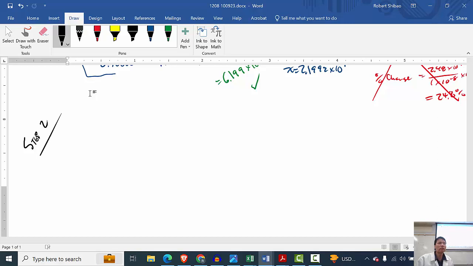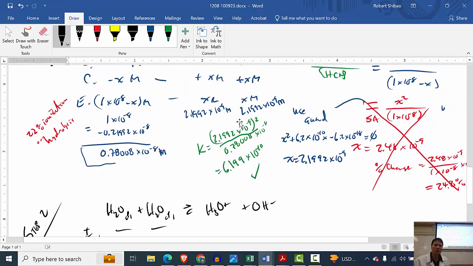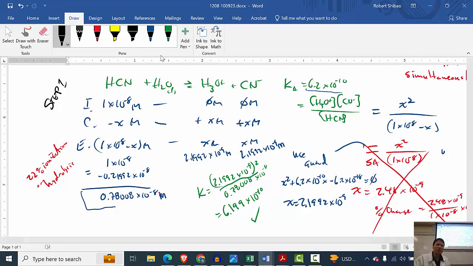We'll do step 2. And so step 2 is going to be H2O liquid plus H2O liquid. And then we're going to figure out how much additional hydronium we're going to get from auto ionization of water, hydroxide. And so the initial, this is pure water. The initial hydronium, here, we don't start off with 0, because we have some hydronium from step 1.